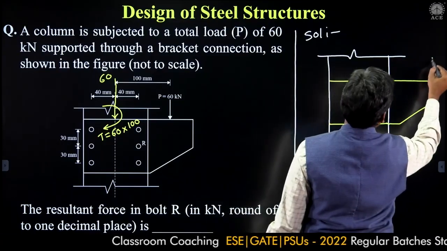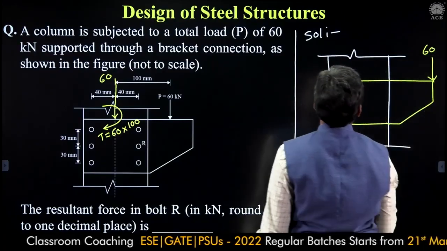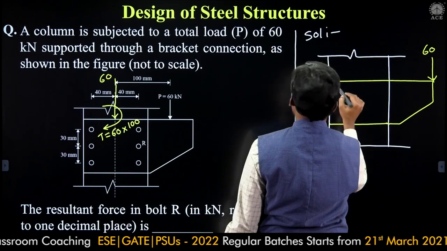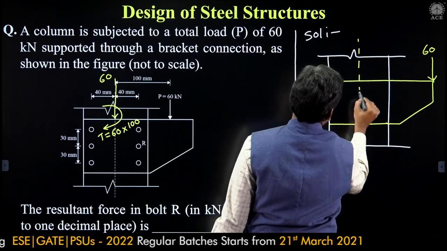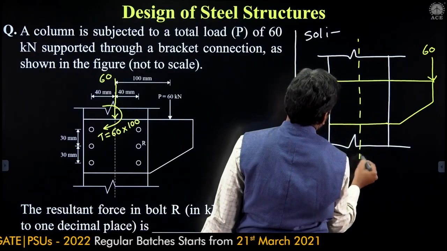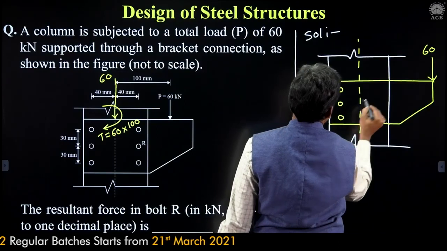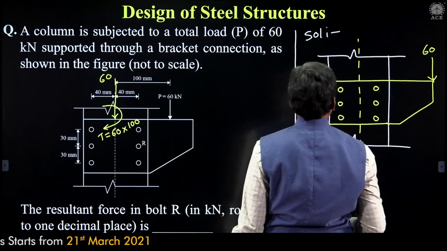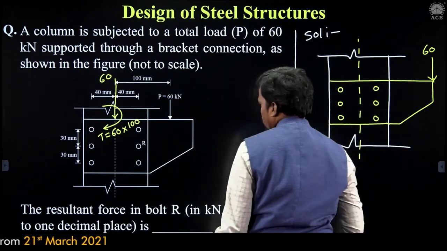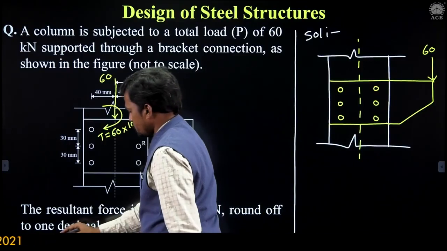So this is the bracket, and there is a load of 60 kilonewton, but he is asking to find the resultant shear force at bolt R.